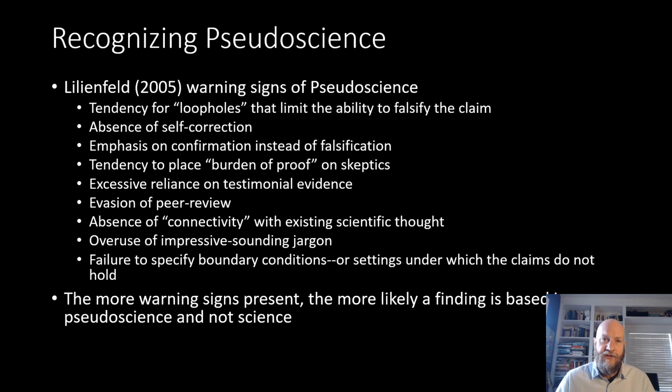When you are presented with something that may be pseudoscience, what you find is as soon as you try to question the claim or question the validity, the accuracy of what the person is saying, they introduce loopholes: no, you can't actually explain it that way because XYZ, right? So this idea to constantly be adding these sort of post hoc loopholes that make it so you can't falsify the claim.